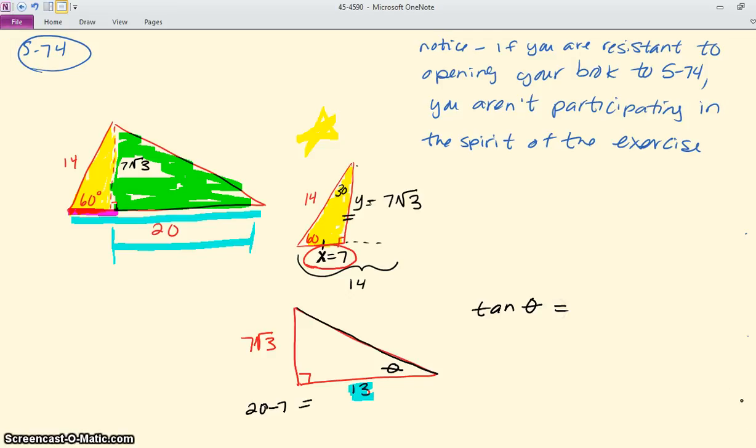It's really up to you to decide which one you prefer to use. The tangent of theta is 7 radical 3 over 13. So we can use the inverse tangent function because we know the ratio, and we can let our calculator look up the angle for us.